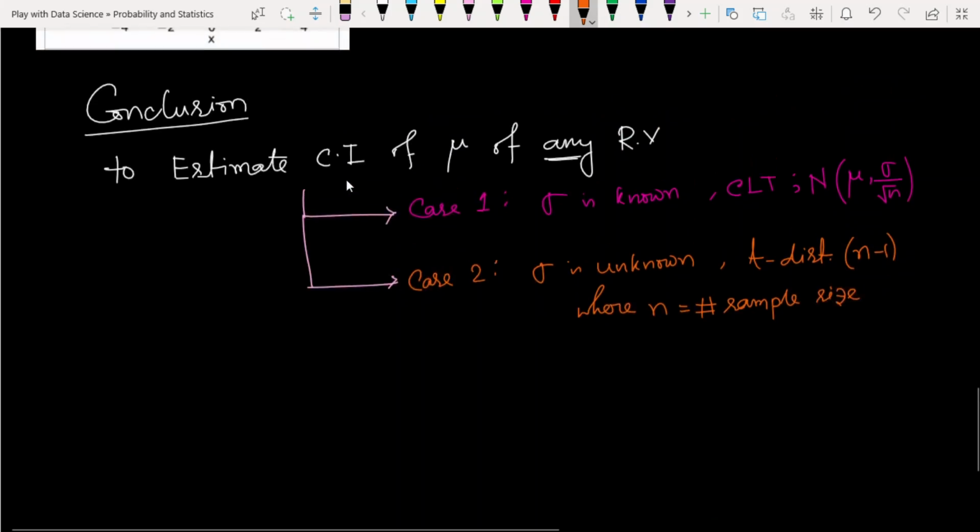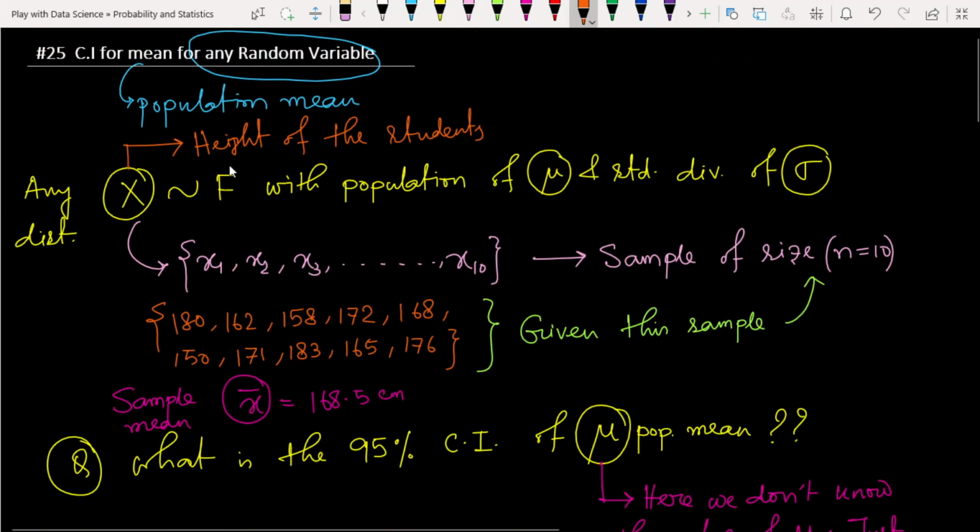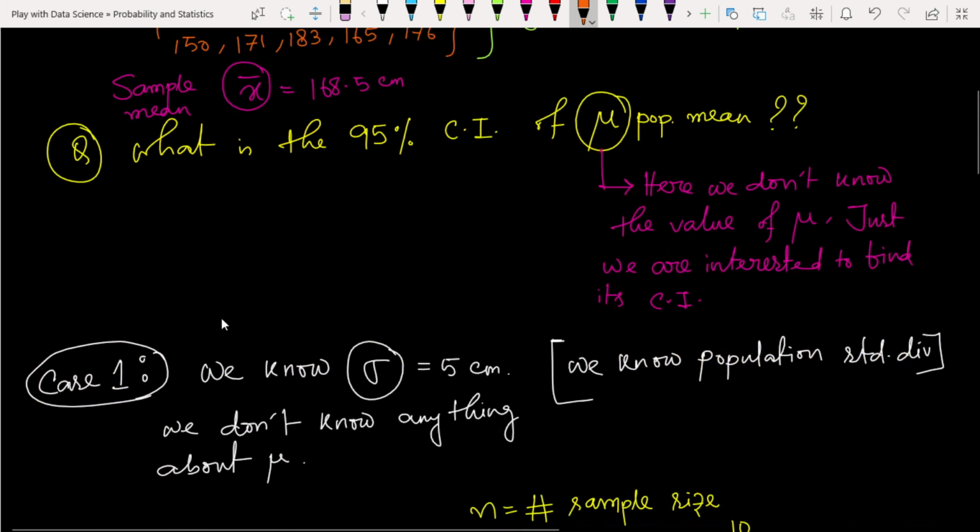So I think you got the idea of how this concept works for any random variable to estimate the confidence interval of the population mean, even if we don't know anything about our population.